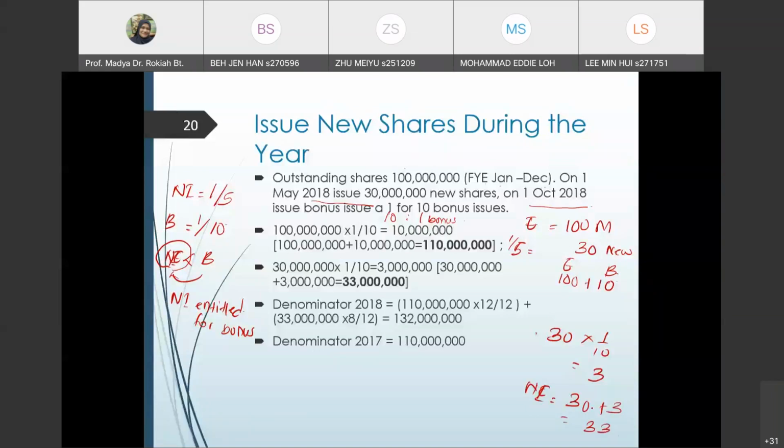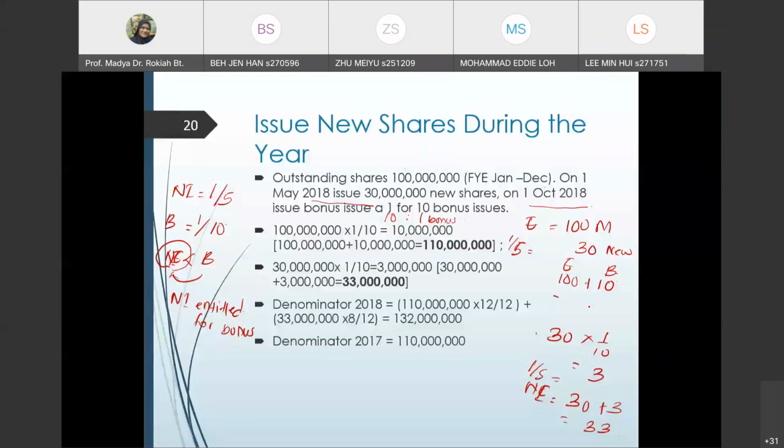But this new issue was on 1st of May, so you need to proportionate with the number of periods or number of months that you have here. So altogether for the existing, you're going to have 110. So 110 times 12 over 12, because we have it from the beginning of the year.